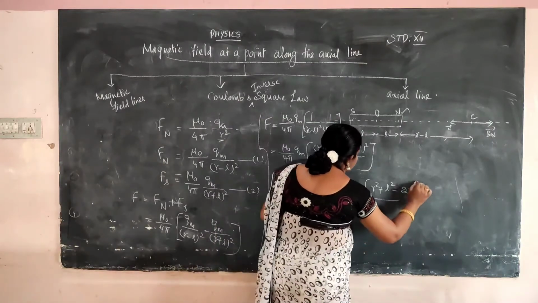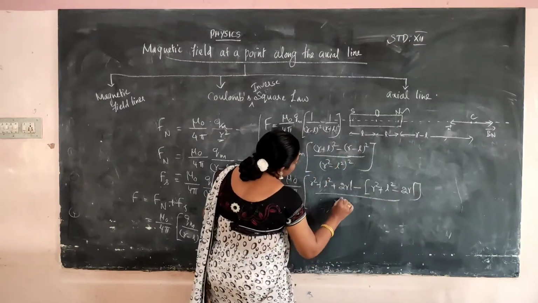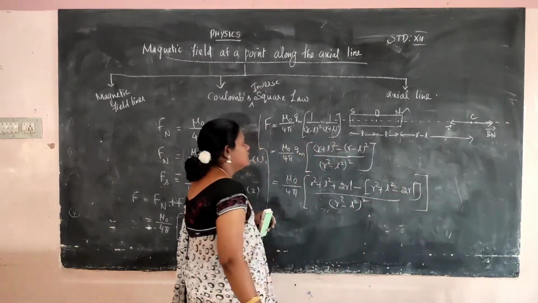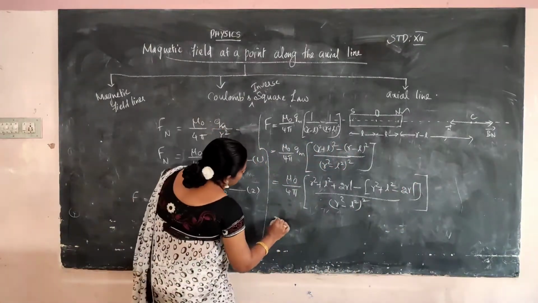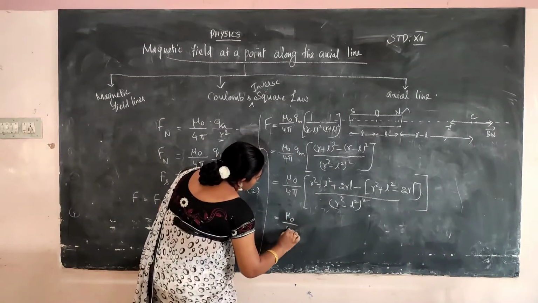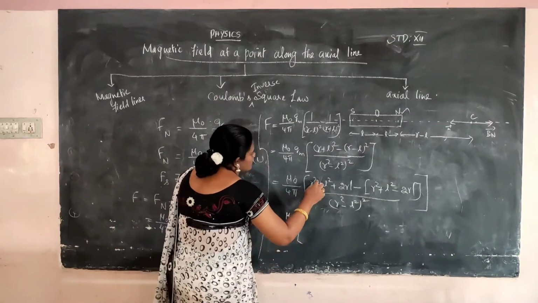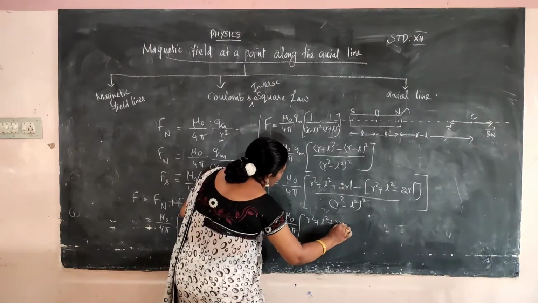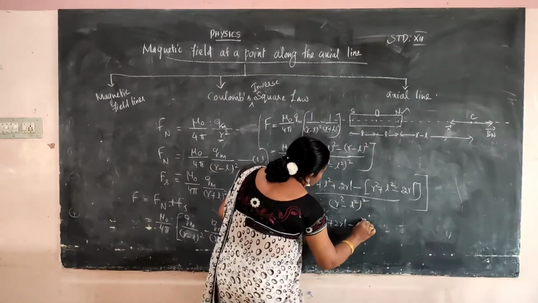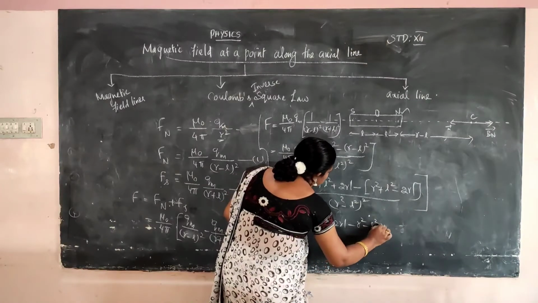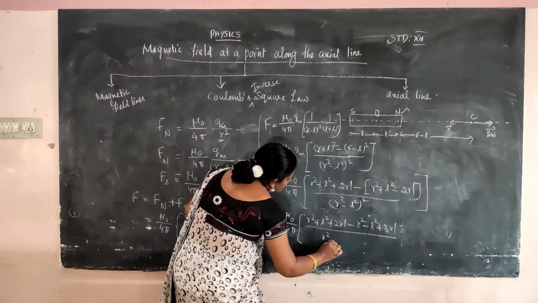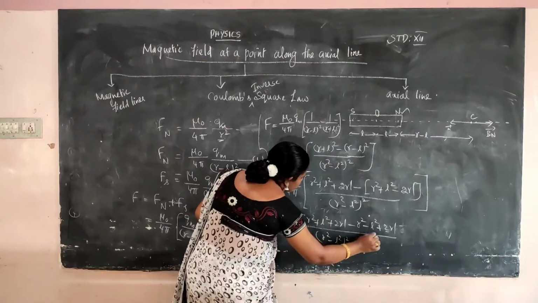By r square minus L square the whole square. Clear? Then mu naught by 4 pi Qm, r square plus L square plus 2rL minus r square minus L square plus 2rL, by r square minus L square the whole square. Clear?